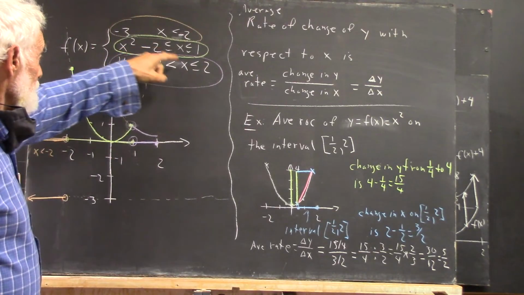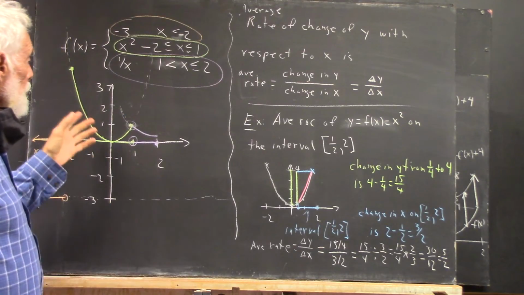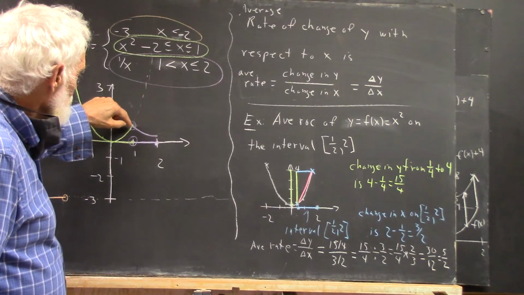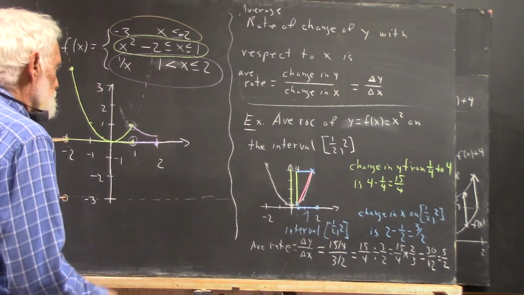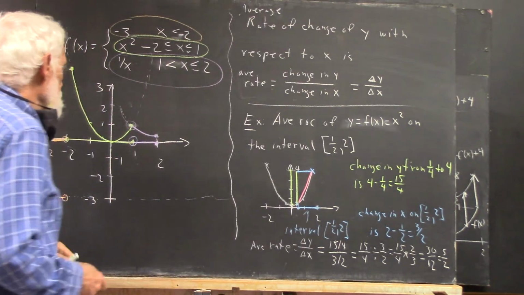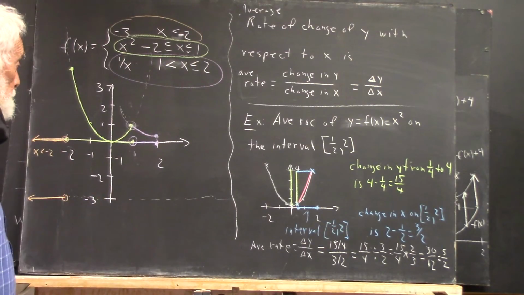Okay, and x equals 1 is in the domain of the squaring function. Then the 1 over x function starts just past this point and goes on to this point, and I should definitely indicate by a closed dot that this point is included.